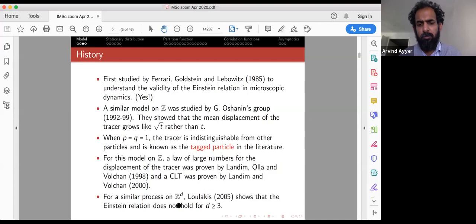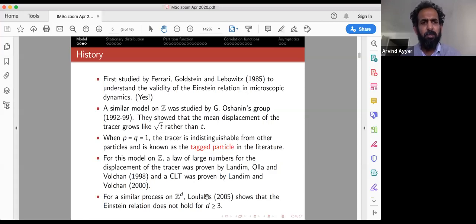For a similar process, one can define the analogous version of this process in Z^d for d at least 2, and study if the Einstein relation continues to be valid, and it does not for d more than 3.